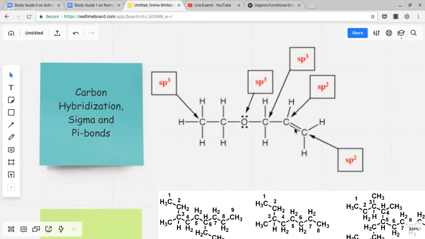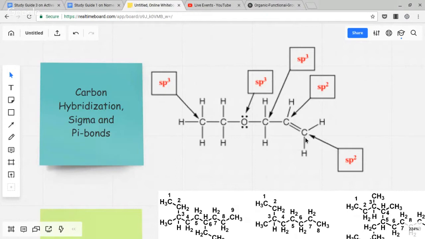So you get 1 pi bond and 3 sigma bonds in this cluster of carbon, which is the same with this carbon here that I'm encircling. So you have sp2 here also. So you have a total of 3 sigma as well and 1 pi bond.